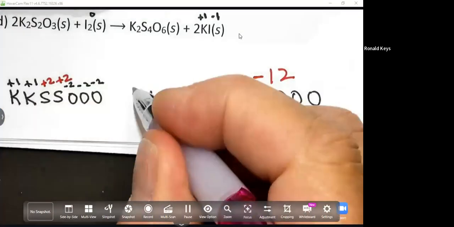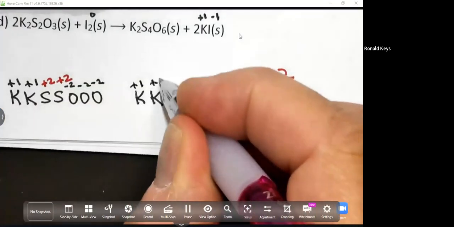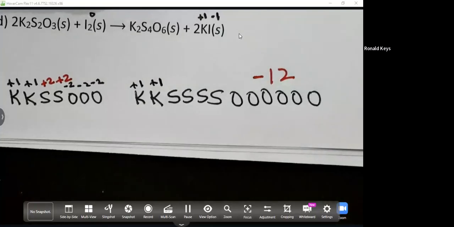Potassiums are always +1, so +1 and +1, right? That means we've got to get 10 out of that.